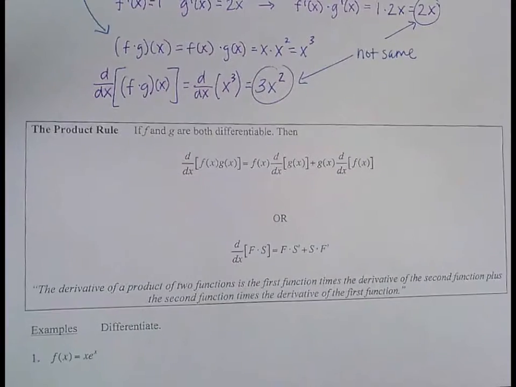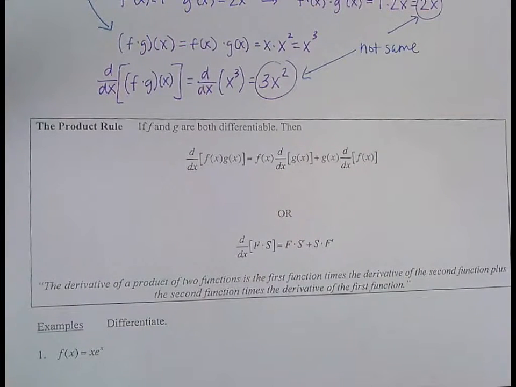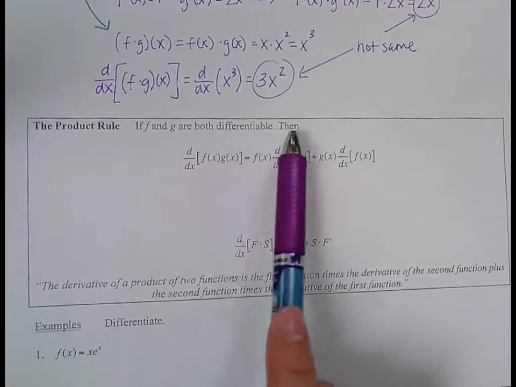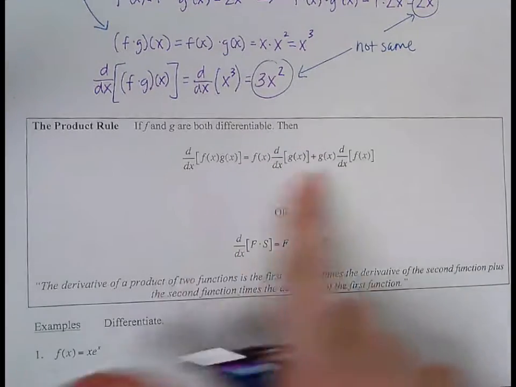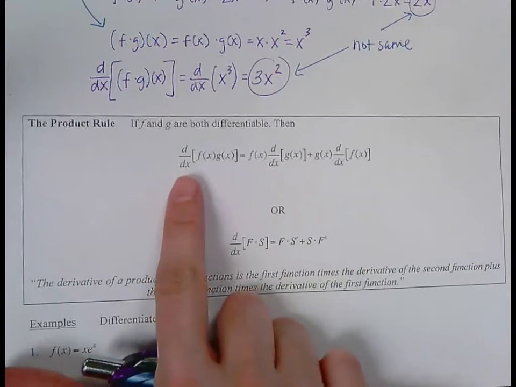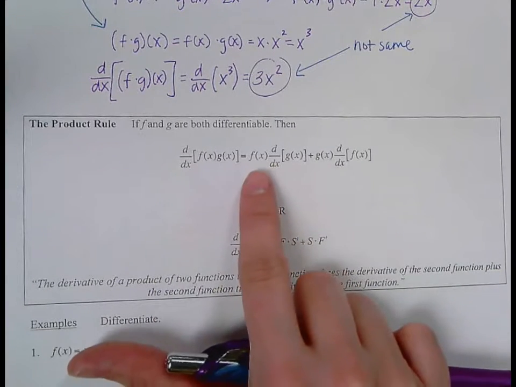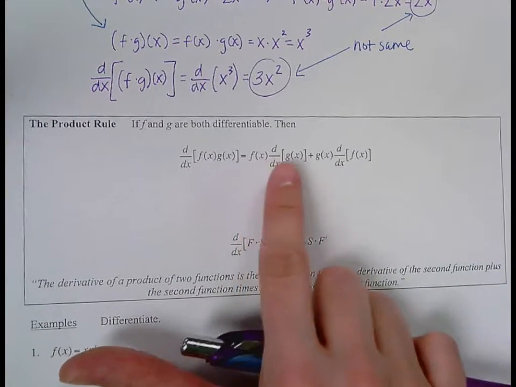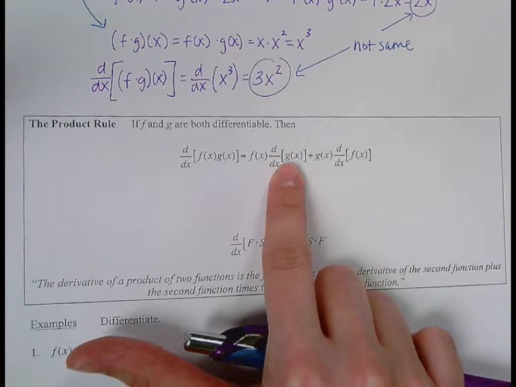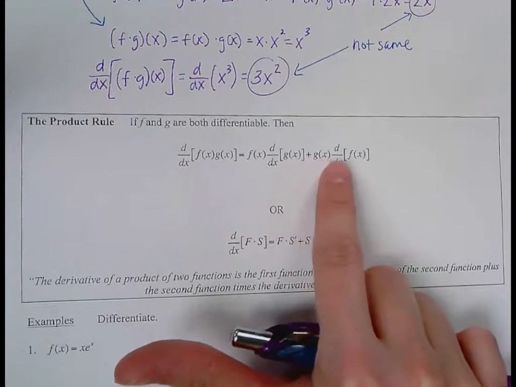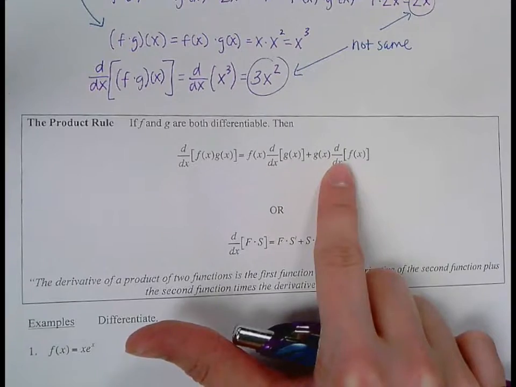So that is why there is a product rule, and you need to know what the rule is. I have it written a couple of different ways. It says if f and g are both differentiable, then, first in Leibniz notation, the derivative of f times g is equal to f times the derivative of g plus g times the derivative of f.